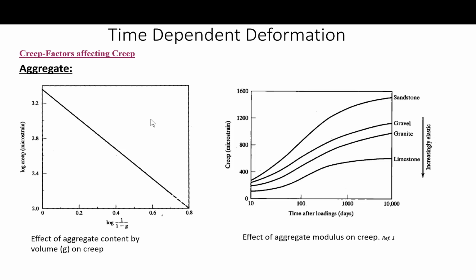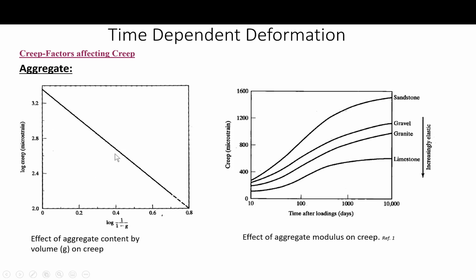There is an empirical relationship, similar to that found for drying shrinkage, which we presented before, for the effect of the aggregate content. This is represented right here, the effect of the aggregate content by volume, which is the letter G right here, on creep.